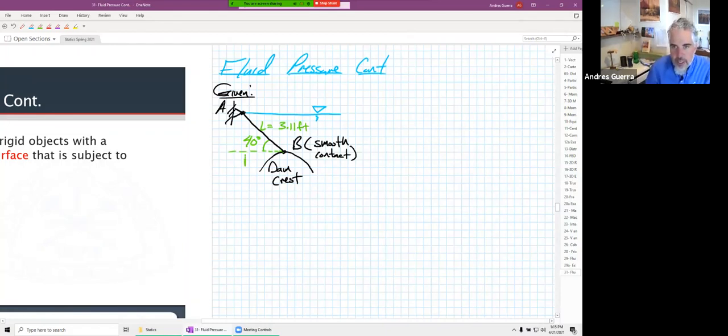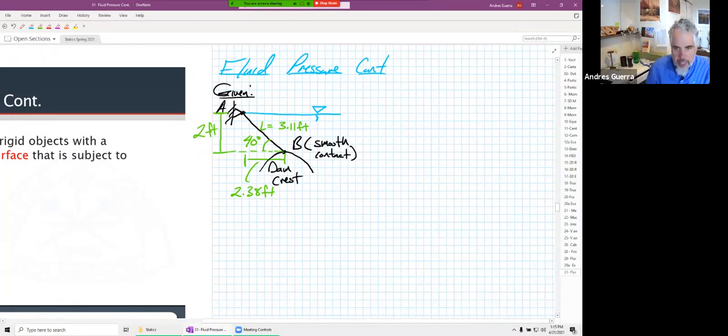The distance between here and here was equal to 2.38 feet. And this all is really coming out of the fact that our gates were about 20 feet tall. We'll make them 2 feet tall just to make our numbers a little bit more manageable to deal with. So there's what we're given.